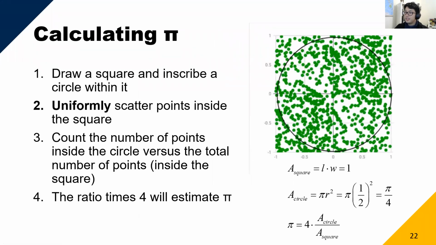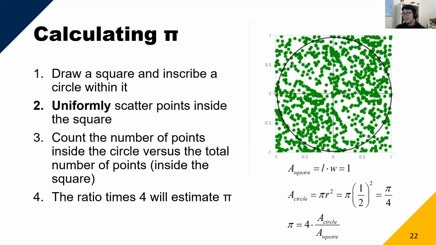The classic example of a Monte Carlo is using this technique to calculate pi.